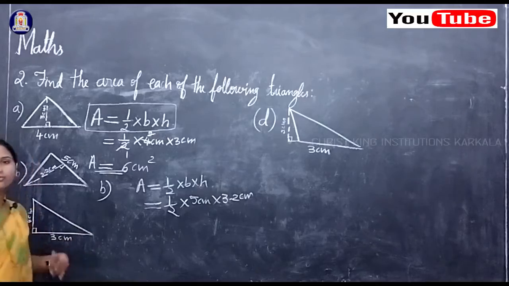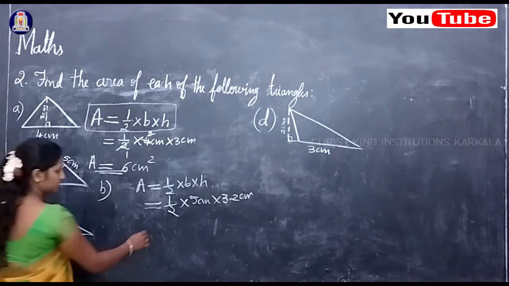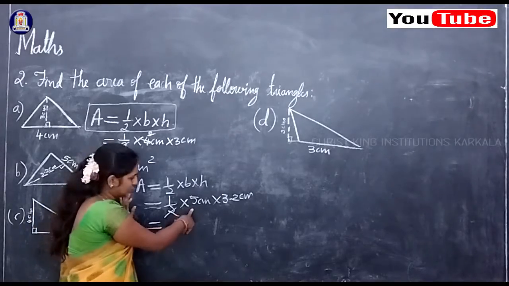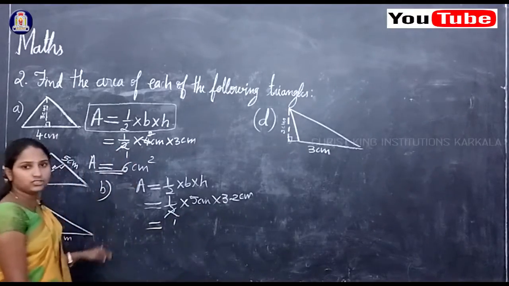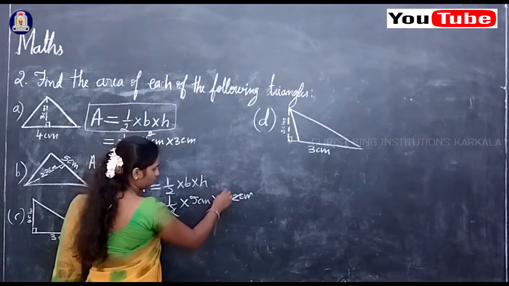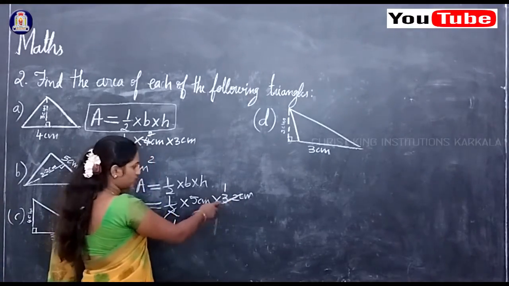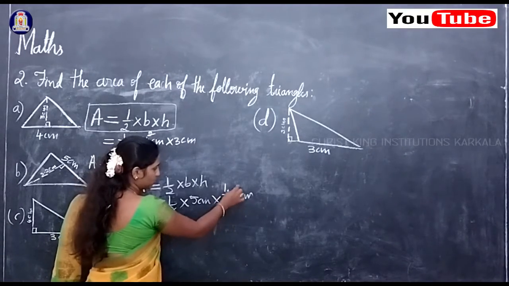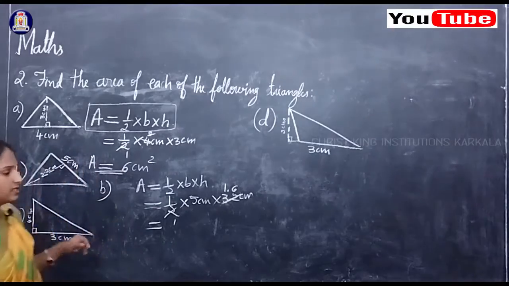Now we have to simplify this. 2 will not divide 5, isn't it? So 2 divides 3.2. 2 ones are 2, and 1 remaining here, so 12, 2 sixes are 12.